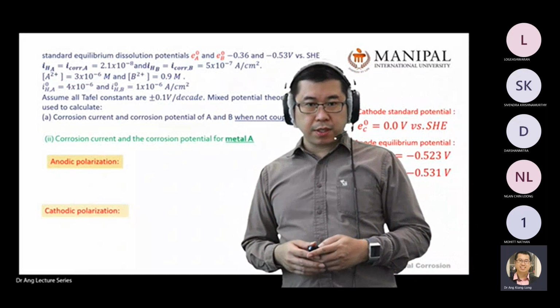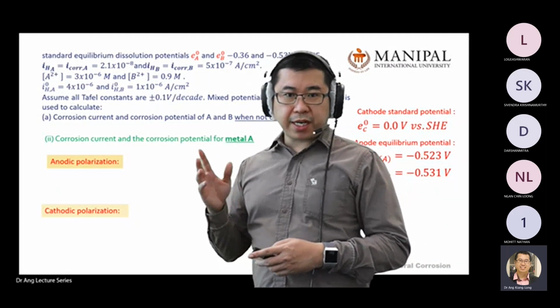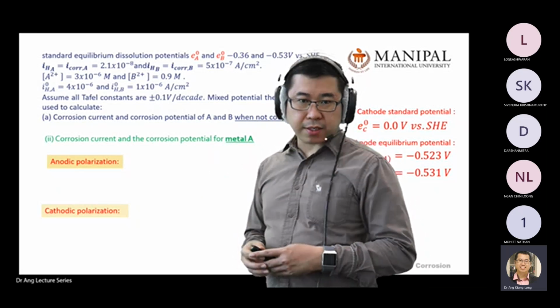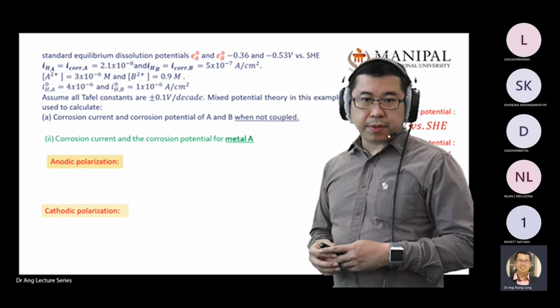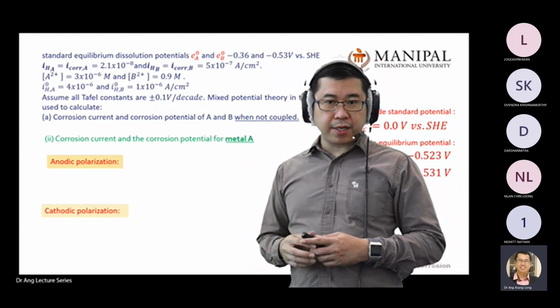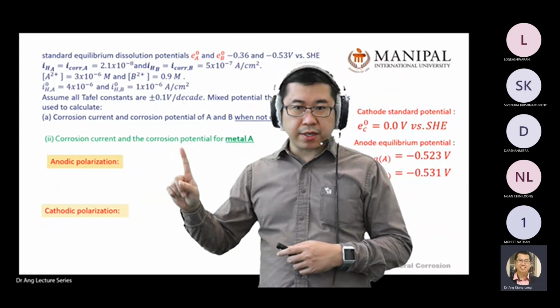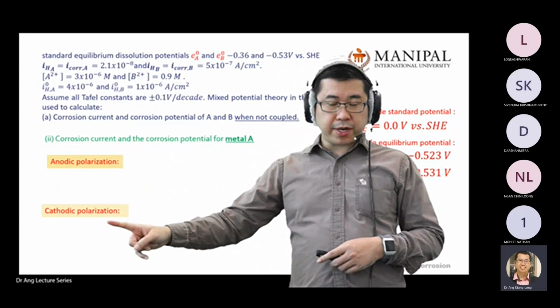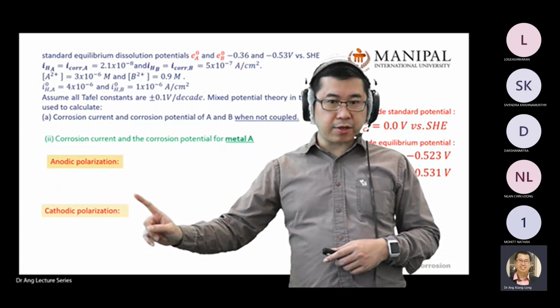Okay, we still have metal A, but the second one. We want to find the corrosion current and potential for metal A. So again, anodic polarization and cathodic polarization.